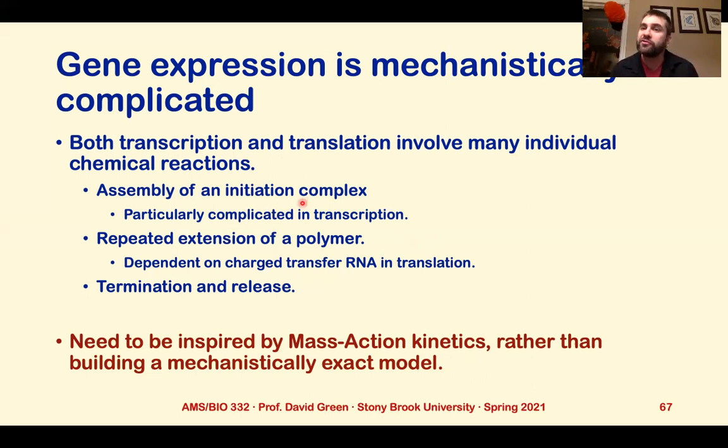This doesn't mean that we can't do anything, but it means that we need to be inspired by the ideas of mass action kinetics, inspired by the approach that we took in the previous mini lecture, rather than building a mechanistically exact model. The approximations to enzyme kinetics that we discussed in the last mini lecture, yes, they were approximations, but they were approximations that you could derive mathematically from a detailed mechanism.